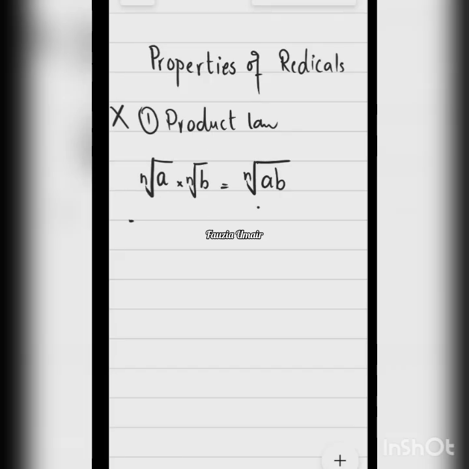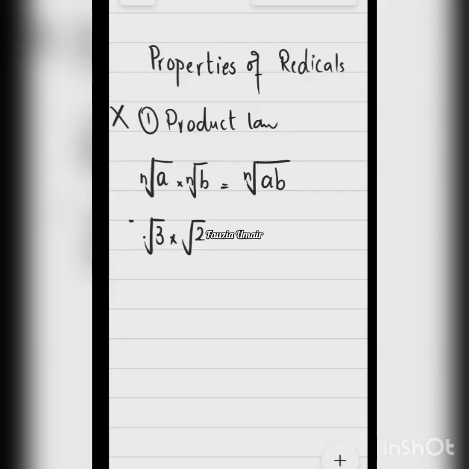If I take an example, for example, square root of 3 multiplied by square root of 2. What is the index of this radical? It's not written. How could I know?